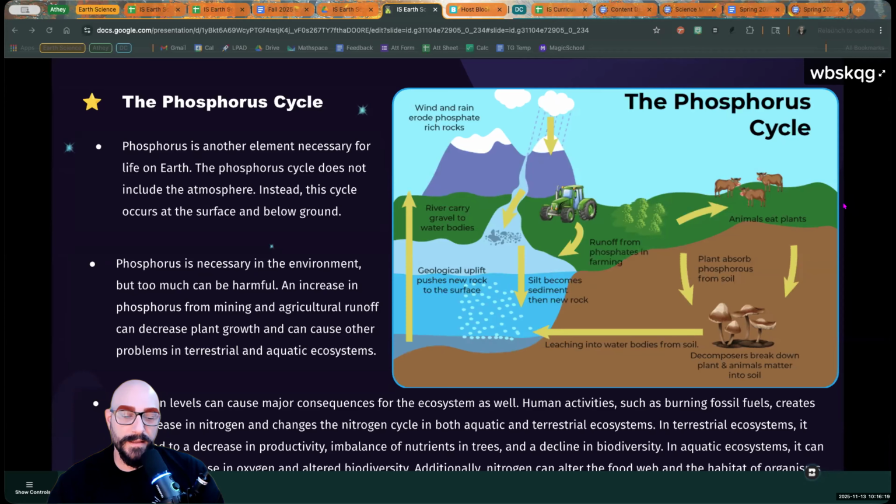Like the precipitation from the water cycle helps to wash elements like phosphorus and nitrogen and carbon down from the mountains into the water that the animals drink and that the plants use, right? And so again, they all influence each other. They're not independent of each other.